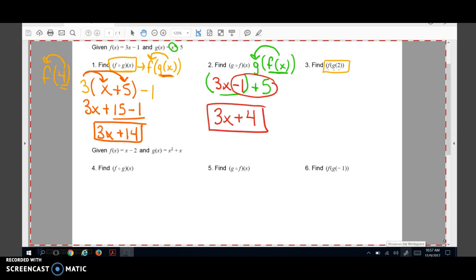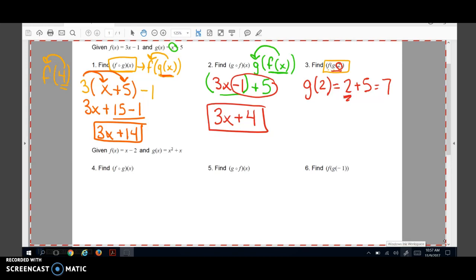All right, problem number 3. I have f of g of 2. Here, I want to plug the number 2 into my function g. So g of 2 is going to be 2 plus 5, right? Substituting in 2 into the x position. That, of course, gives me 7.